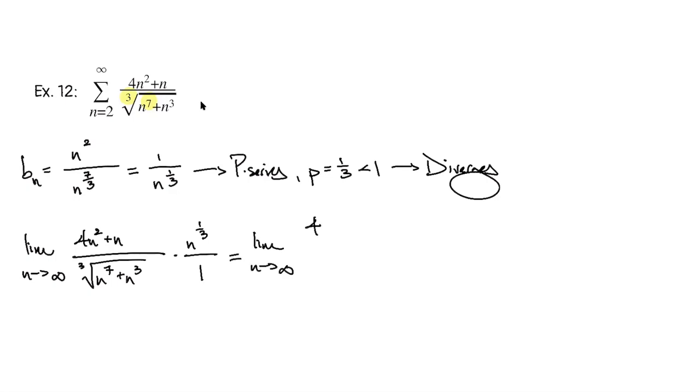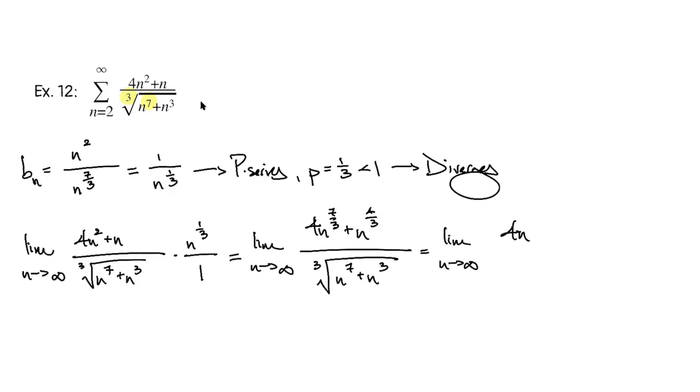We're going to get 4n to the 7/3 plus n to the 4/3 on the top. And we have our cube root of n to the 7th plus n to the 3rd on the bottom. Okay. So all I did was distribute that n to the 1/3. Now I'm going to keep the numerator the way it is. And what I'm going to do to the denominator is in here, I'm going to factor out an n to the 7th.